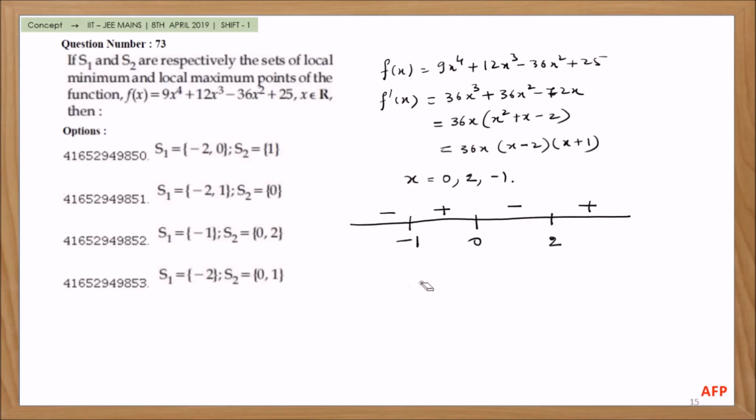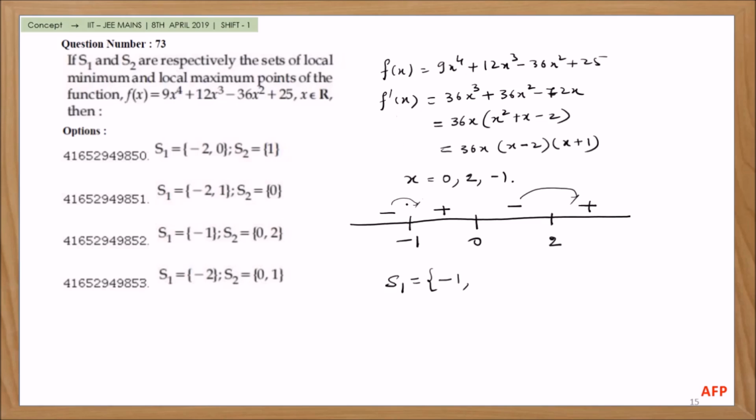Now, the local minimum set, which is S1: whether it is a local maximum or local minimum, a local minimum means f dash changes from negative to positive, that is, negative slope to positive slope. There are 2 points: one at minus 1 and one more at 2.